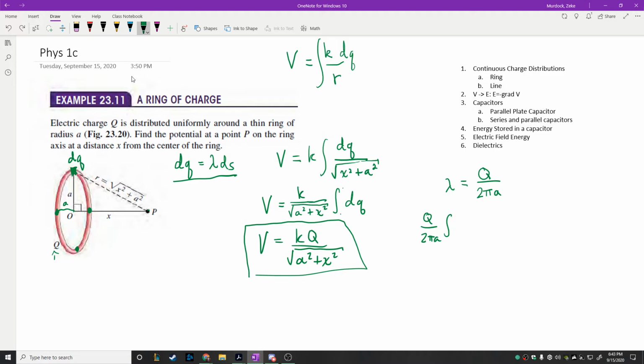Then you can change the ds into a d theta, and then you can integrate from 0 to 2 pi. But all of this, I think, is a lot more complicated than just saying, when I say integral dq, I mean to just sum up all the dq's, which is just Q. Either way, they all give you the same answer, so I don't want to belabor this too much. So that's the answer. Do you guys have any questions?